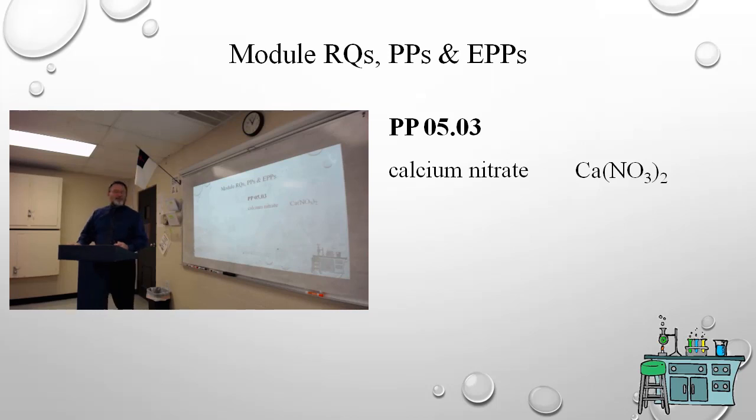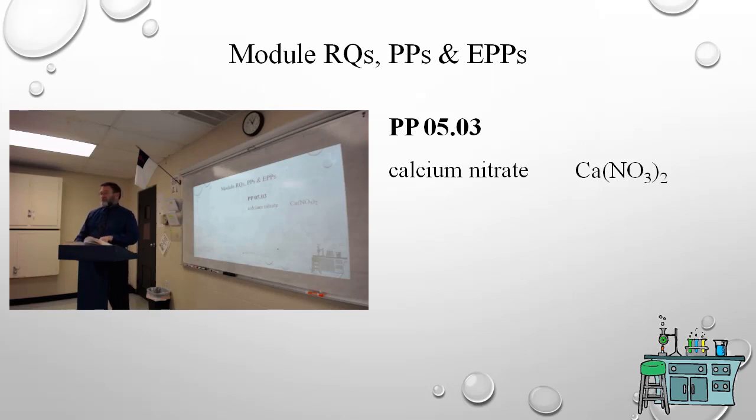Let's walk through calcium nitrate. Okay, if you need to, table 5.1, if you don't remember. If we open up to table 5.1, the nitrate is an NO3, 1 negative.